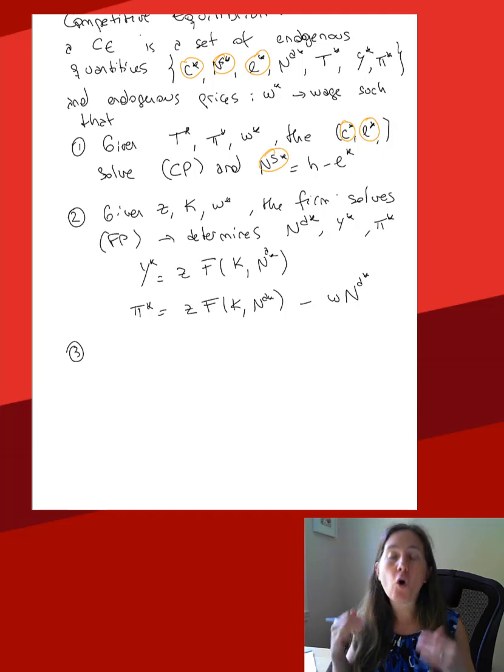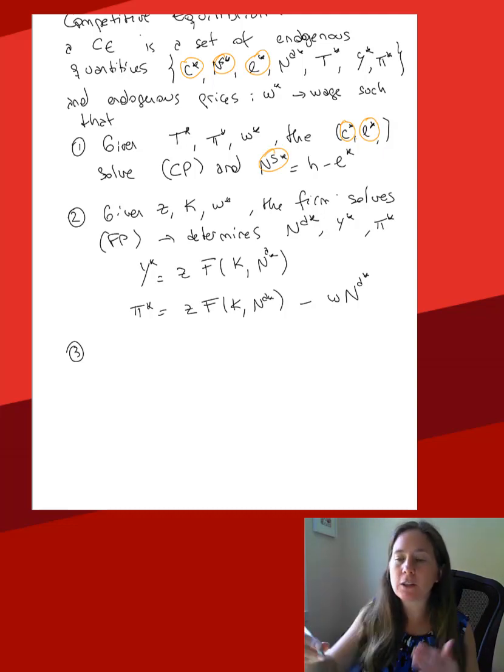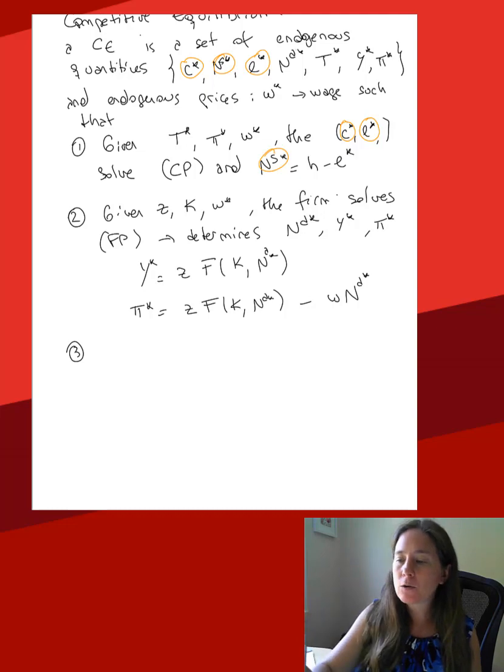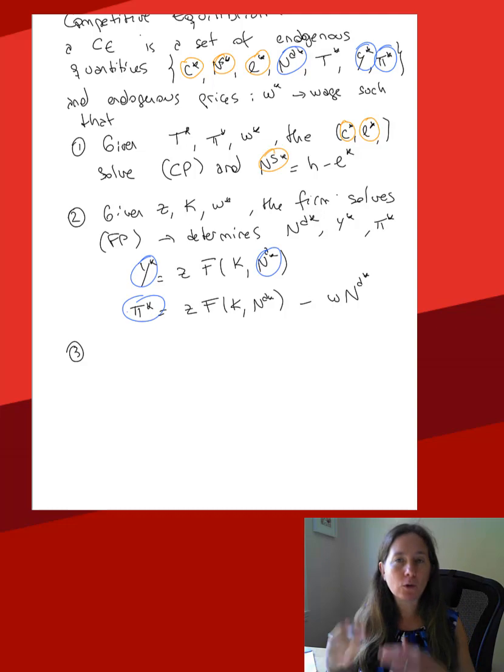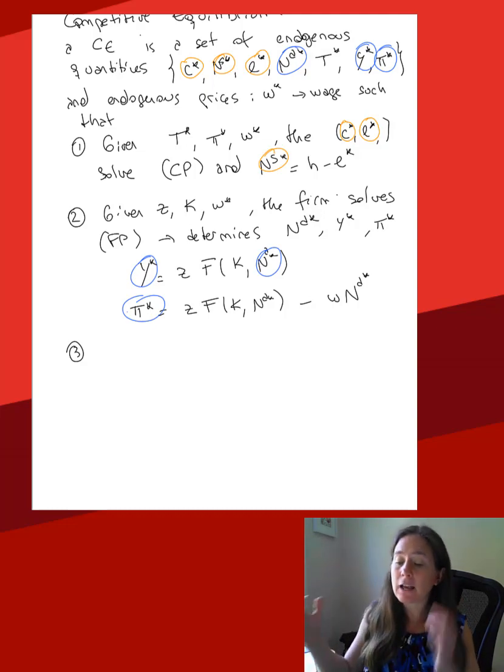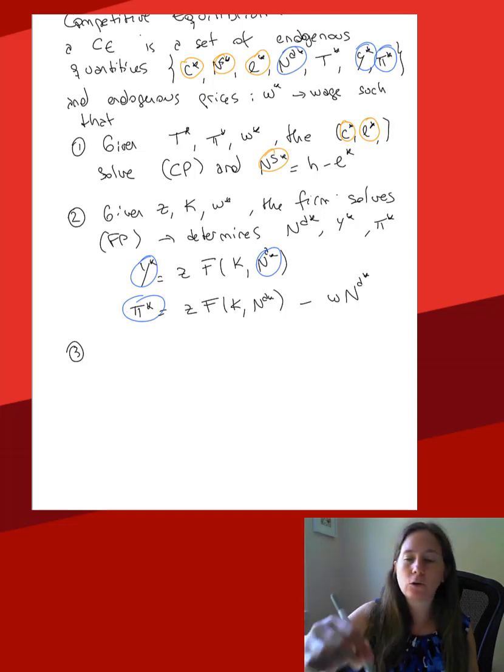So all these orange decisions are going to be determined by consumers given everything else in the market. Now, the demand for labor, the production, and the profits are going to come from firms, okay? By solving the firm problem. When you solve the firm problems, given everything else, these three things are going to be determined.